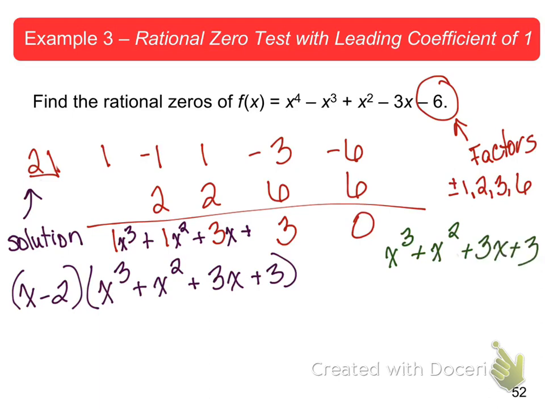And I'm going to say, okay, what goes into x cubed and x squared? X squared. Good. So x squared goes into both of those. So then I'm left with x plus 1. Okay, what comes out of the next two terms?